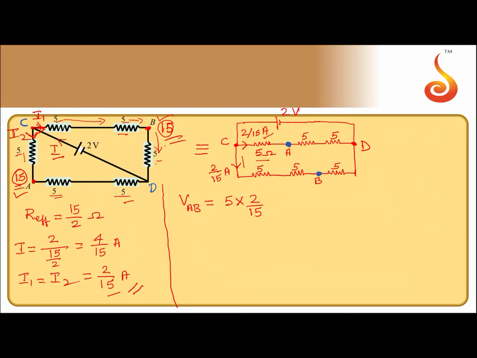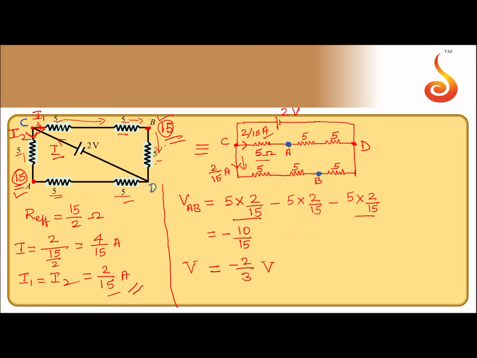Then when you come to this branch, in the direction of current, it is negative: minus 5 into 2 by 15, then again minus 5 into 2 by 15. So these two terms get cancelled, and you will get minus 10 by 15, that is minus 2 by 3 volt.